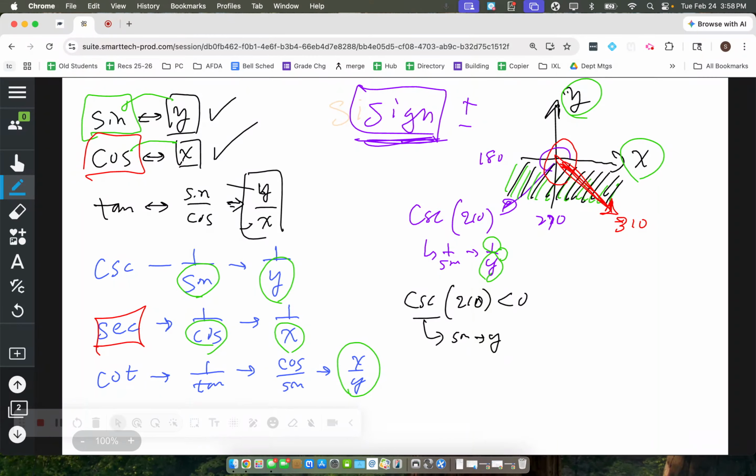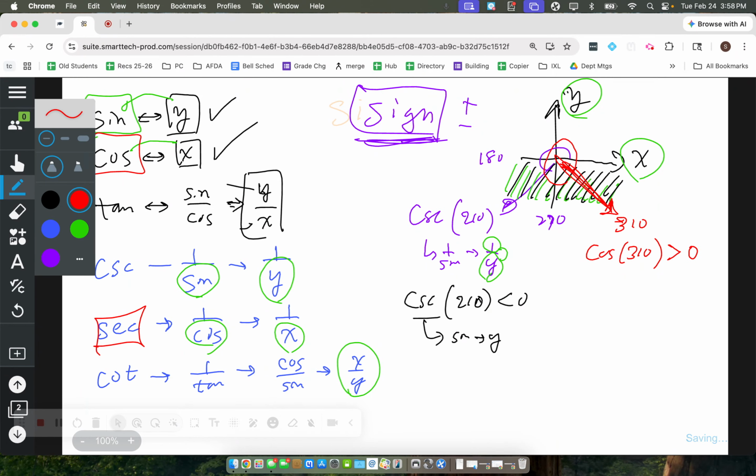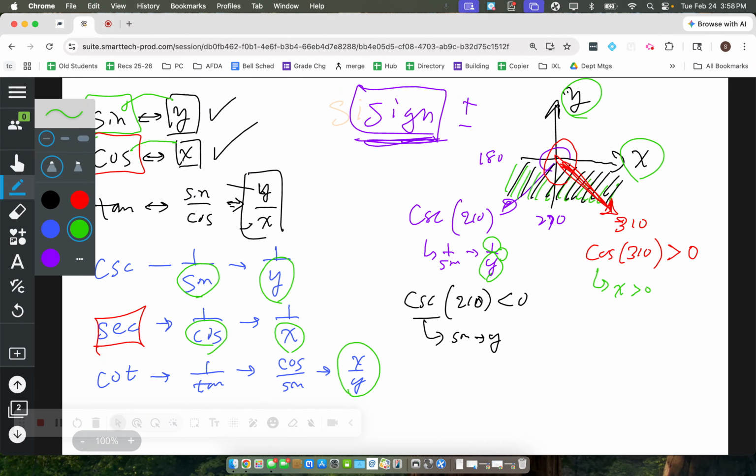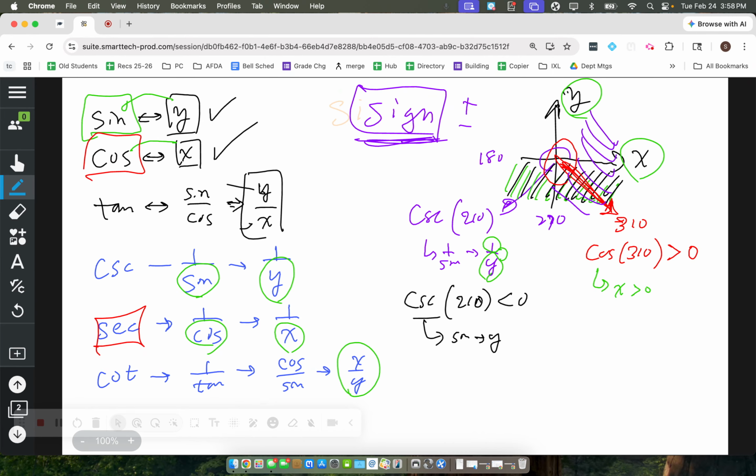What's cosine of 310? I don't know exactly, you've got to put it in the calculator for that, but I know the calculator is going to give me a positive result. Why? Because cosine has to do with x, and x is positive all up in here. I'll do it in purple. This is where x is positive, right? And remember, these quadrants have Roman numerals.